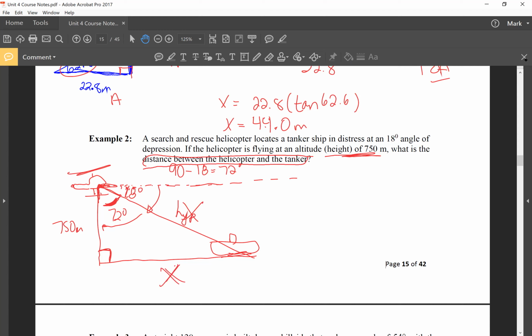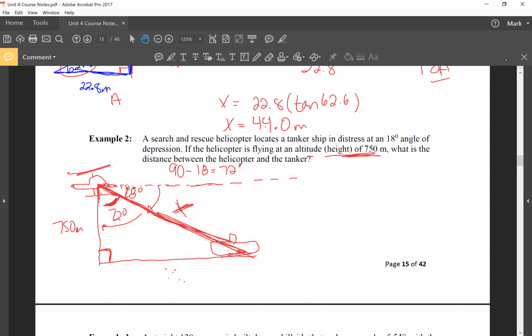I do care about the hypotenuse. Sorry. I'm trying to go quick now to finish before 11:15. The distance between the helicopter and the tanker is the hypotenuse, isn't it? So this is my x. I don't care about this guy down here. I want to find the distance between the helicopter and my tanker.